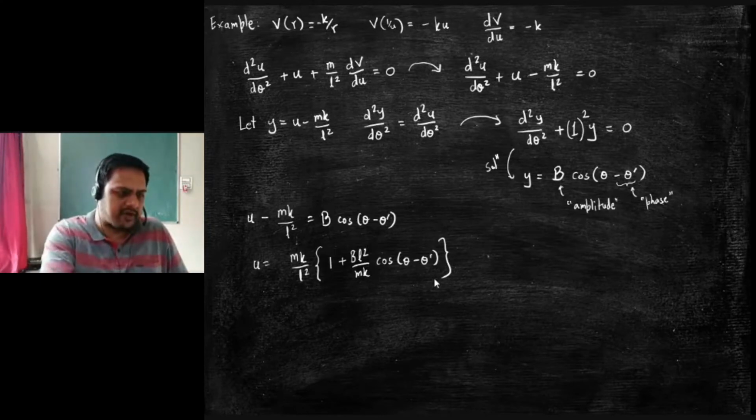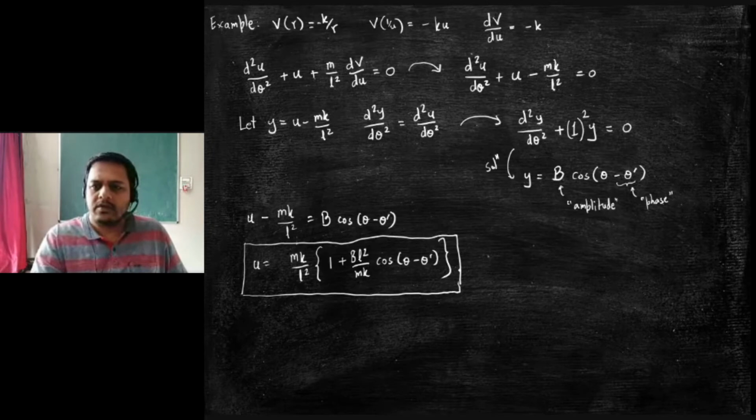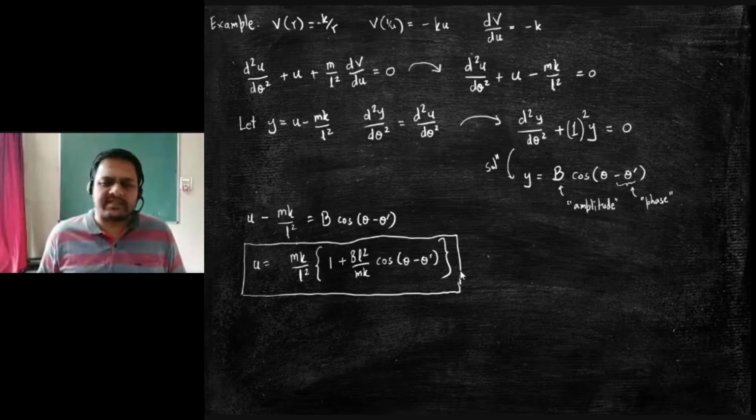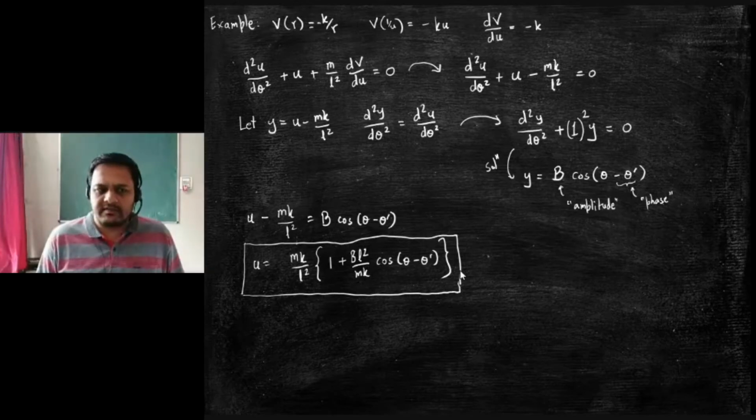This form of the differential equation? Any doubts at this stage, please ask. Bolo. No, sir. Everyone is satisfied with this solution. It's a trivial solution, nothing great, but everyone is satisfied with this.